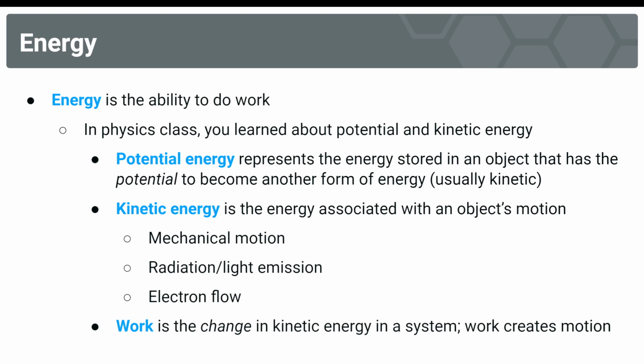And now let's jump back to that concept of work in our original definition of energy. Work is the change in kinetic energy in a system. Work creates motion. And so if energy is the ability to do work, we require energy, potential energy, to transfer into kinetic energy to create motion.